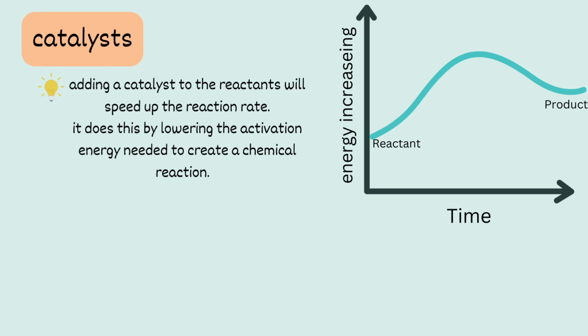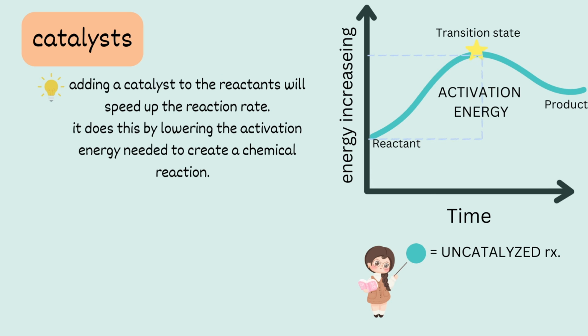At the peak of the line is the transition state. The area from the beginning of the reactants to the transition state is the activation energy. The blue line represents our uncatalyzed reaction, meaning there is no catalyst present. And our pink line will represent our catalyzed reaction, meaning there is a catalyst present.